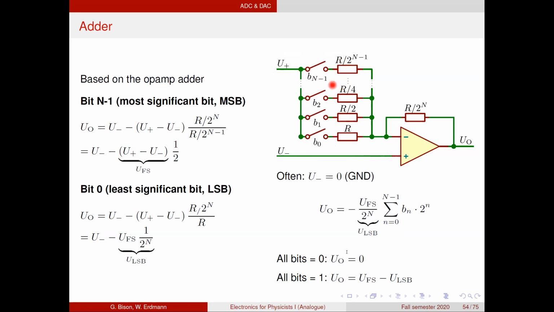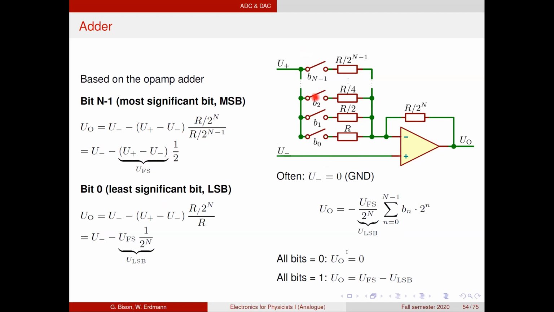And then this current is again converted to a voltage using this resistor. So what we get is an output voltage that is, we take as a reference the minus reference voltage and then times this full scale, the difference between the minus and plus reference voltages scaled with those resistors. And the way those resistors are chosen is that this gives us just 1/2 of the full scale.